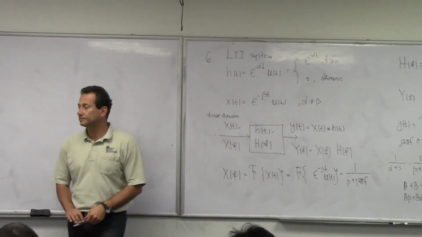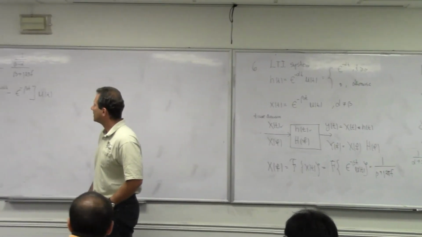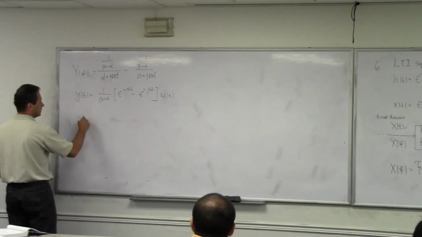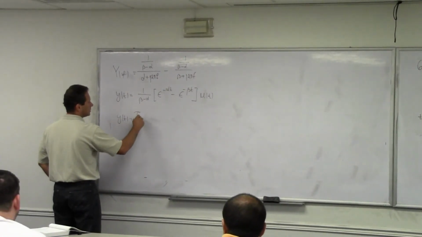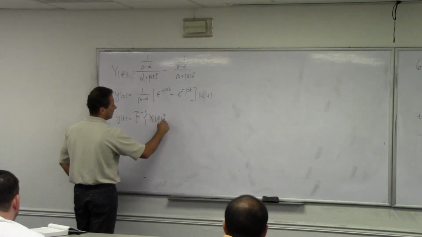Which identity did you use to go from Y of f to y of t? It's obviously the inverse Fourier transform of Y of f.